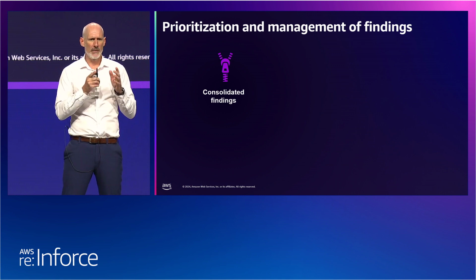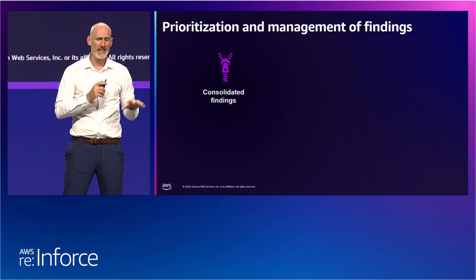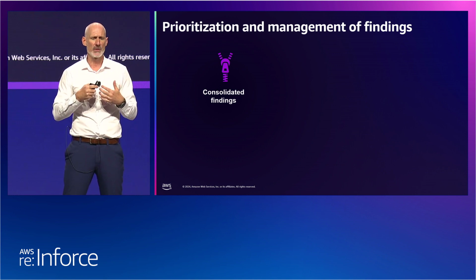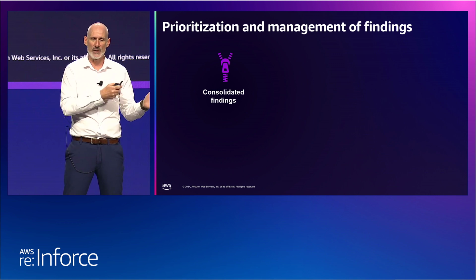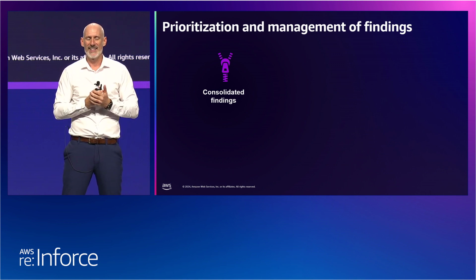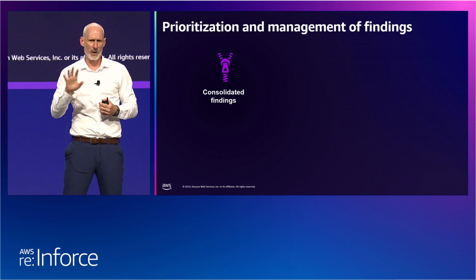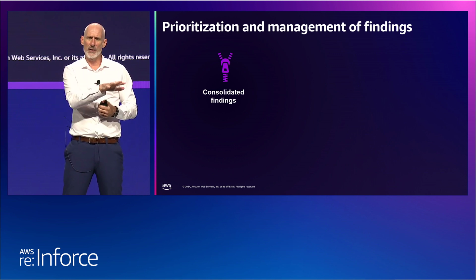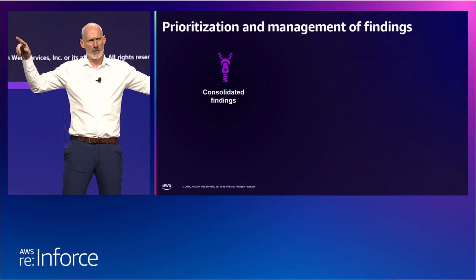Now I know that the consolidated findings feature of Security Hub is now on by default, but at the time it wasn't for us. And Gal has told me that some customers still haven't turned this on, so I'm still going to talk about it. As an organization, we adopted more than one control framework within Security Hub, and without the consolidated findings switch on, there is duplication across those frameworks.